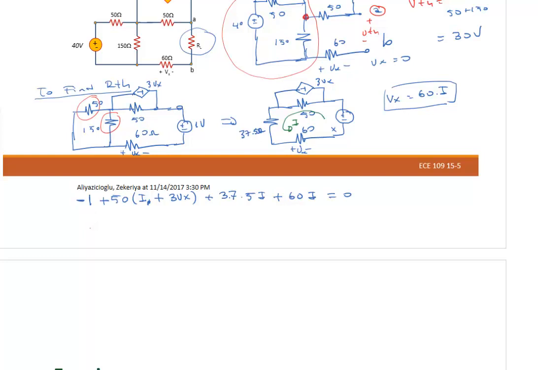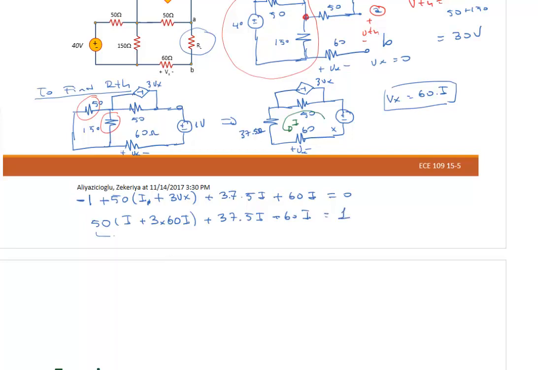So let me do this one like this. 50 I plus 3 times 60 I plus 37.5 I plus 60 I will be equal to 1.